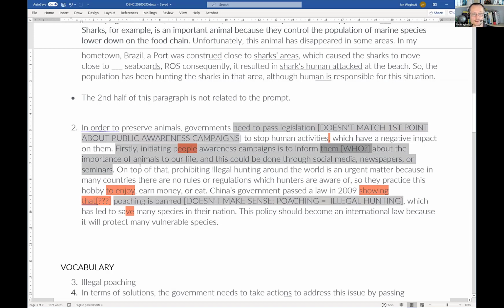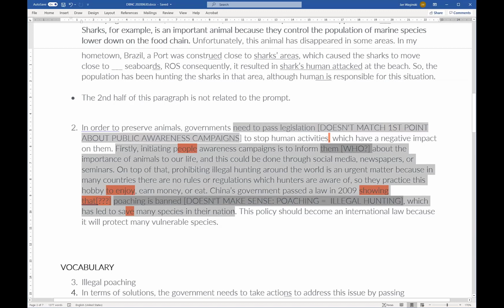On top of that, prohibiting illegal hunting around the world is an urgent matter because in many countries there are no rules or regulations which hunters are aware of, so they practice this hobby to enjoy, earn money, or eat. China's government passed a law in 2009 showing that poaching is banned, which has led to save many species in their nation. This policy should become an international law because it will protect many vulnerable species.